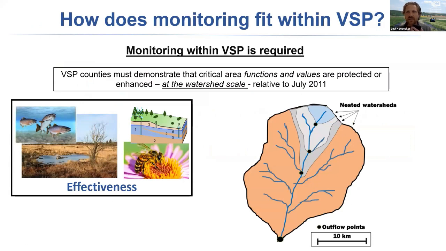So monitoring is basically the objective, third-party data, if you will, to assess how well this voluntary approach is working. And that monitoring has to occur at the watershed scale. That's by statute. So often this is called effectiveness monitoring. This is how effective the conservation practices being implemented on agricultural lands are at protecting or enhancing critical area functions and values.